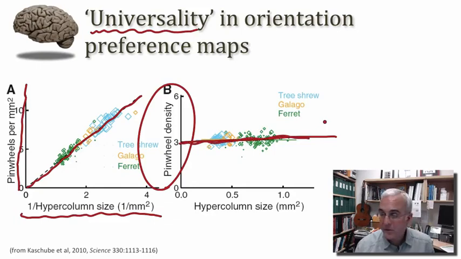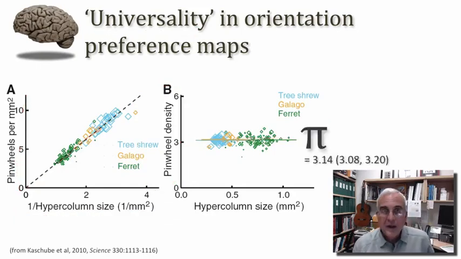What we did was we measured a very large sample and discovered that the average pinwheel density across our sample was, well, 3.14, which is statistically identical to the mathematical constant pi. In fact, our confidence interval, shown in parentheses here, indicates that pi is within our confidence limit of our ability to make this measurement in real brains using relatively imperfect experimental methods.